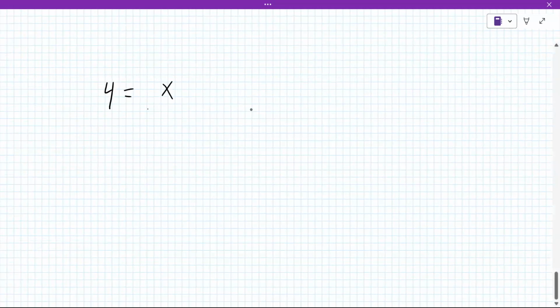4 equals x divided by 5. I want you to solve for x. X is 20, good. Let's try another one here.